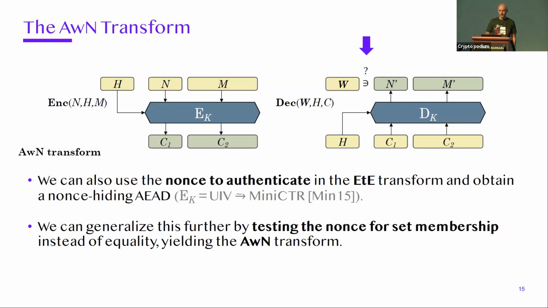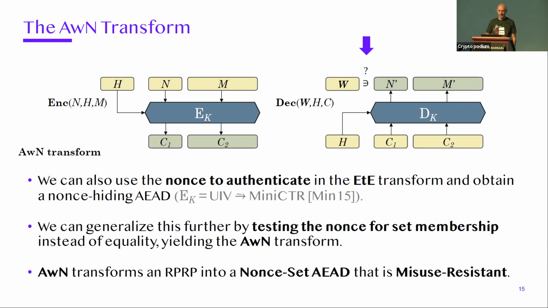And this construction is what we call the AWN, for authenticate with nonce, transform. However, it does not yield a standard AAD scheme. It yields something that we call Nonset AAD. And again, here we have this analogous result that when the underlying cipher is RPRP secure, this yields a Nonset AAD scheme that is misuse resistant.